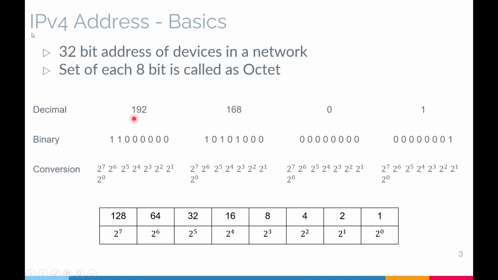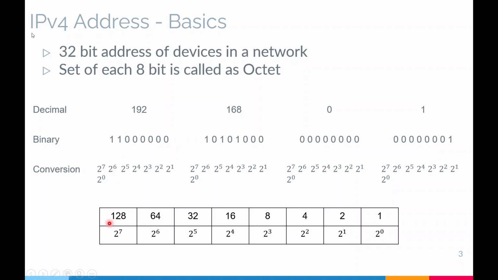To convert this, always keep this table ready. So 192 is greater than the highest value available in this table. The highest value is 128. So we can easily subtract 128 from 192, and we are left with 64, right?